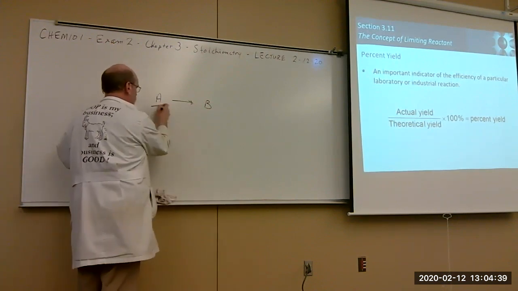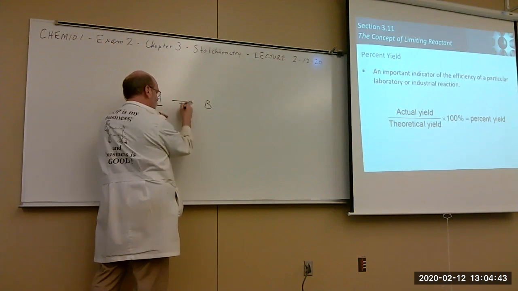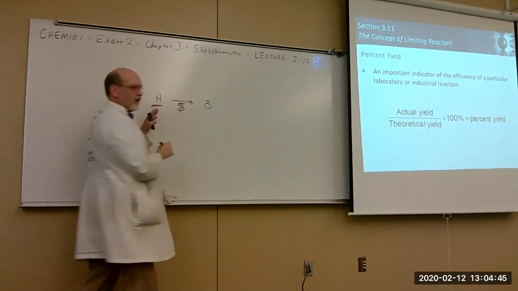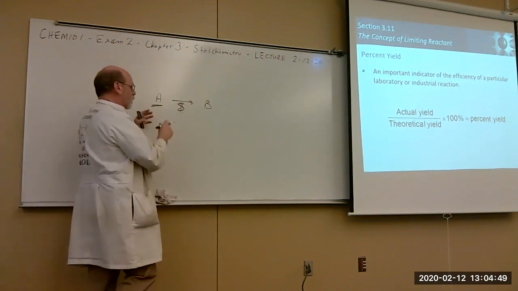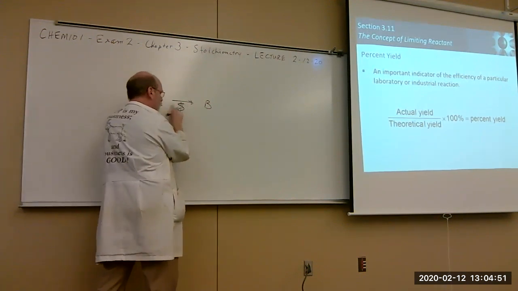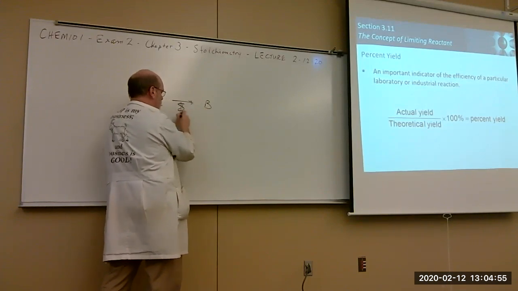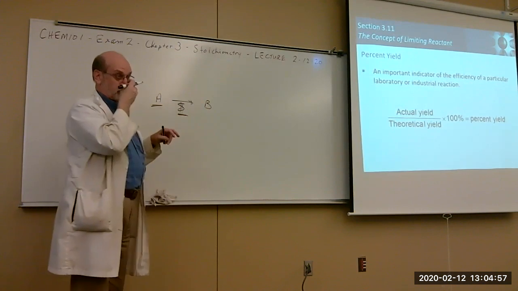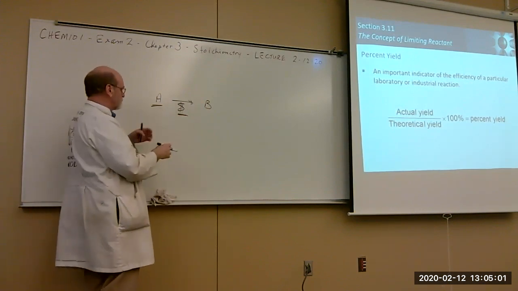This costs you money, and whatever you have to do in here costs your company money. So the more of this that you can convert to B, the better you are off with cost benefit.